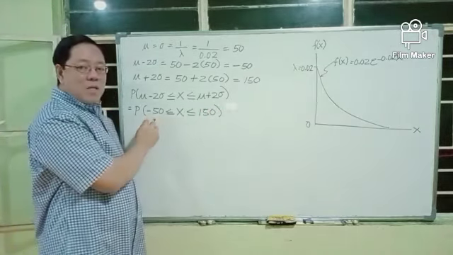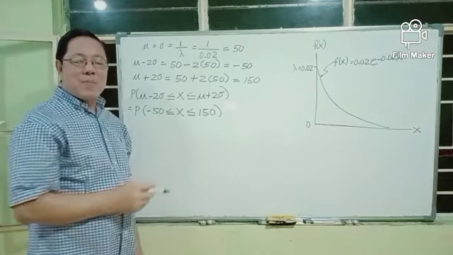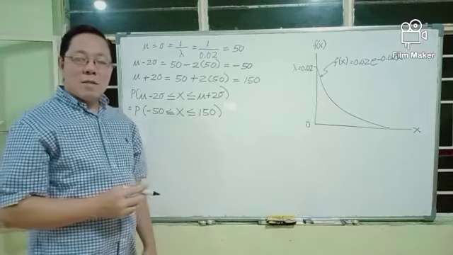And we locate these values of x, negative 50 and 150, in the diagram.